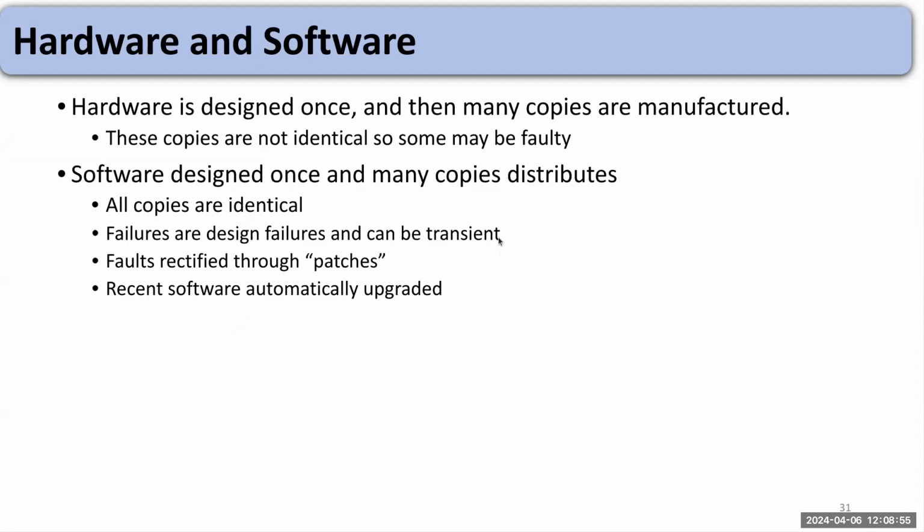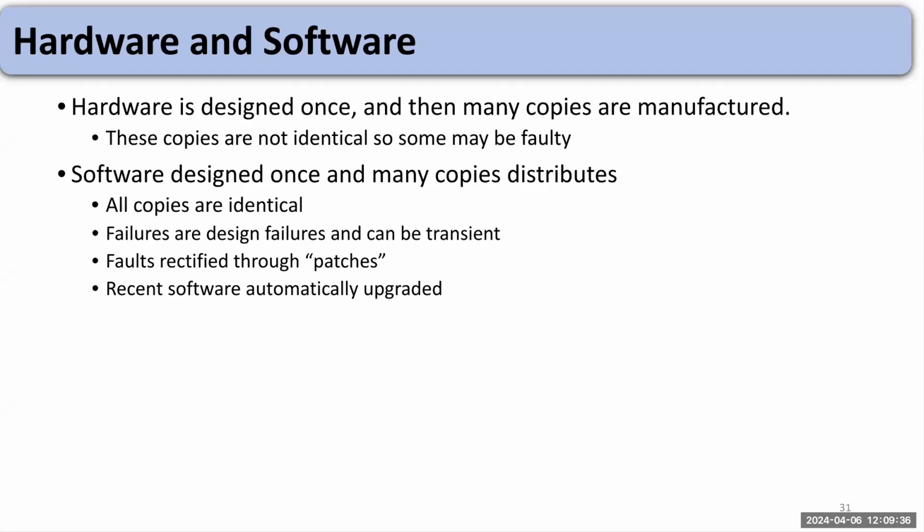This is the difference between hardware and software. The earlier product life cycle is relevant to the software development also, and any other engineering product. Hardware, when we are making a new hardware, we are also making different copies.